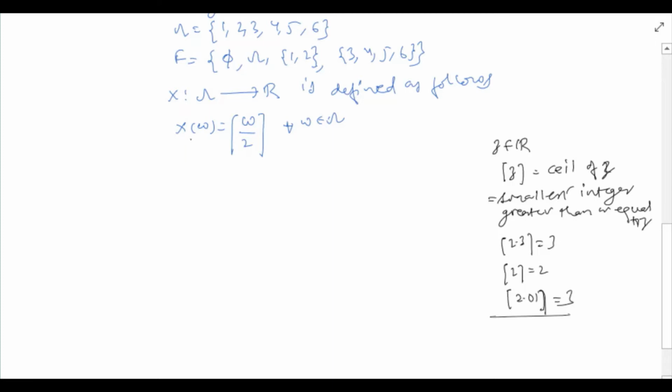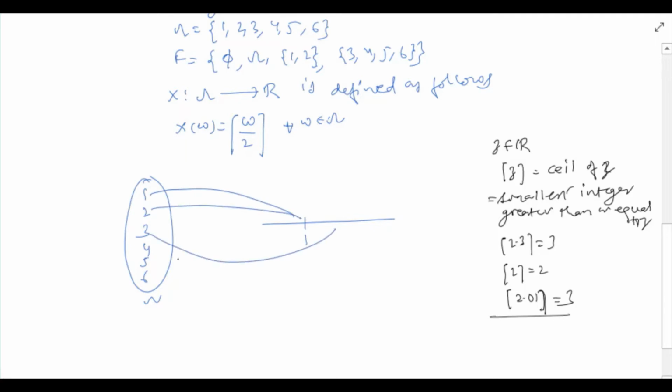We consider the function X of omega, which is ceil of omega by 2. Clearly such a function would map the sample space to real numbers as follows: 1, 2, 3, 4, 5, 6 is my sample space. 1 and 2 will be mapped to number 1. 3 and 4 will be mapped to number 2.